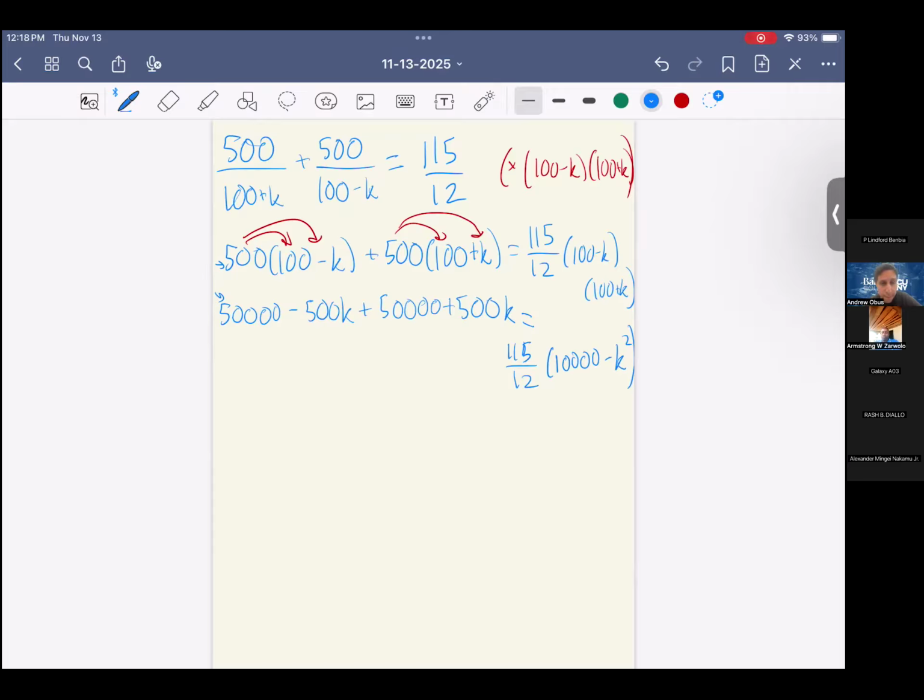That will be fine. Okay, and so the good thing here is that we're actually going to have a pretty easy quadratic equation because this k term and this k term cancel each other out, this 500k and the other 500k.